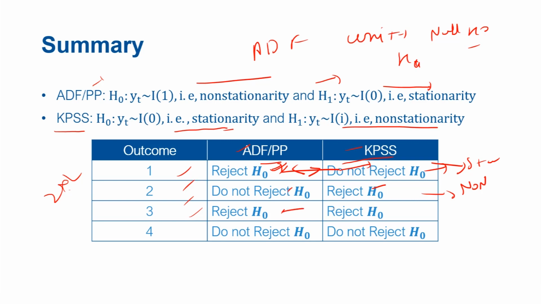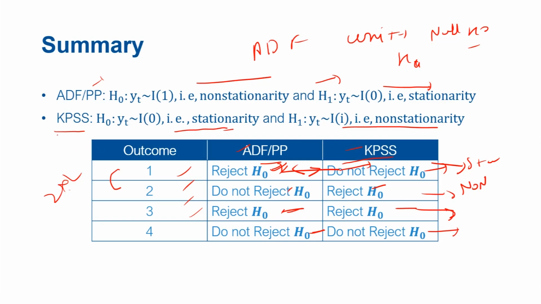However, if you look at outcome 3 and 4, reject H0 and reject H0, their H0 being opposite, this is a contradictory evidence. Similarly, if you look at this, do not reject H0, do not reject H0, this is also contradictory evidence. So in case your results appear to be from 1 or 2, you have a very solid and robust evidence where all the tests are converging with each other.